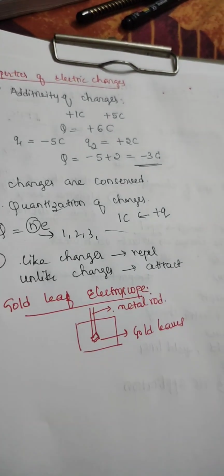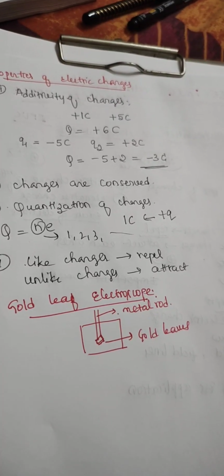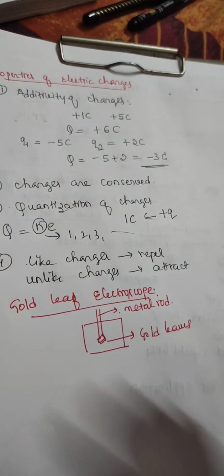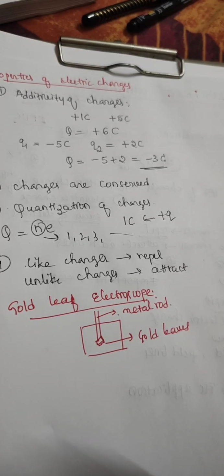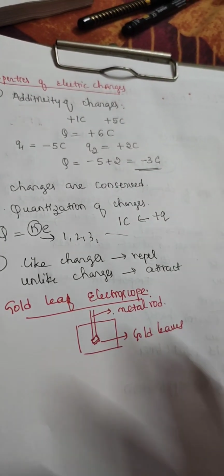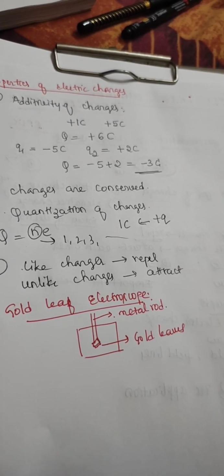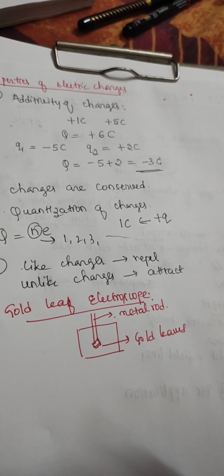So this gold leaf electroscope is mainly used to detect the incoming electric charges. Whenever the divergence is more, we can tell the charges are more.